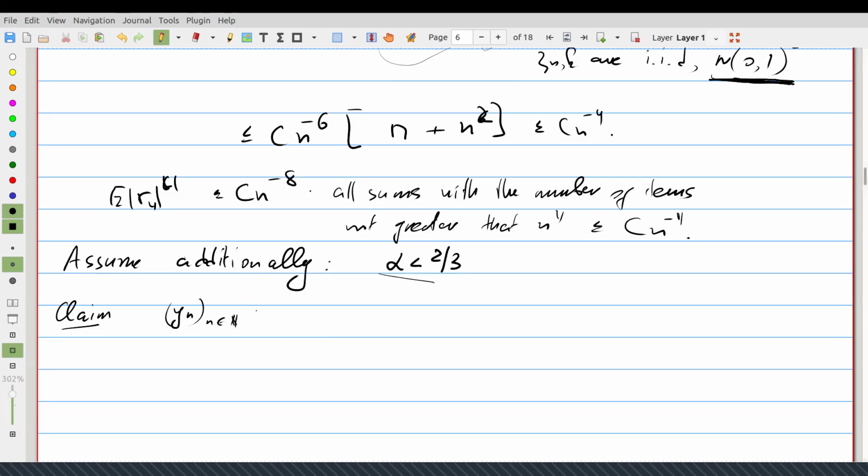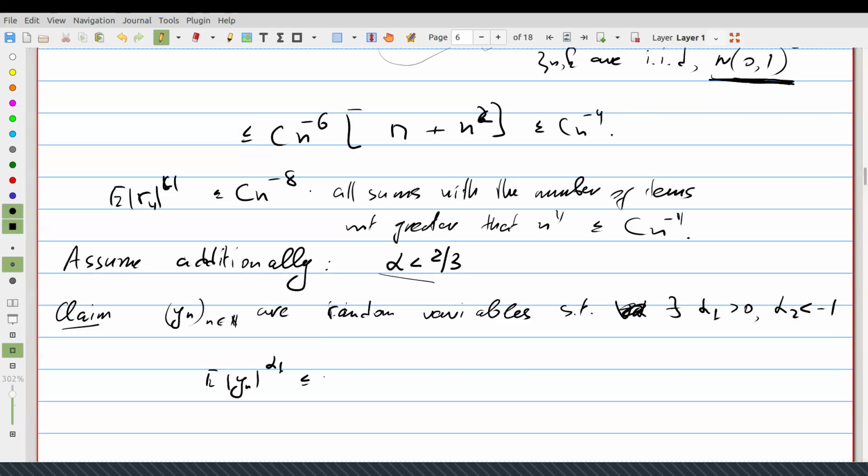So we will need the following additional claim, which is a direct application of the Borel-Cantelli lemma. If you have identically distributed random variables such that for some alpha there exists alpha 1 greater than 0 and alpha 2 less than 1, and 1 is less than n alpha 2, almost surely.